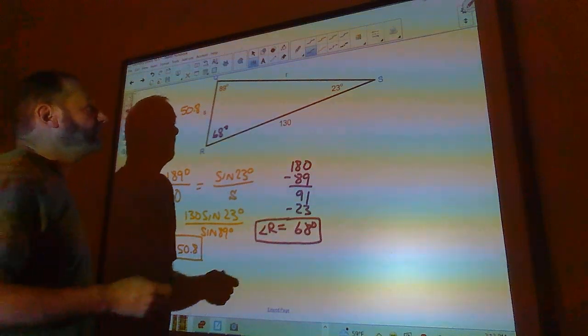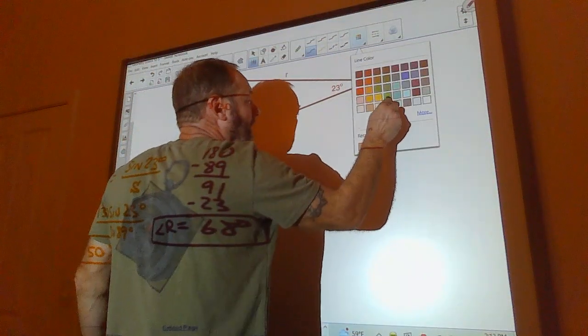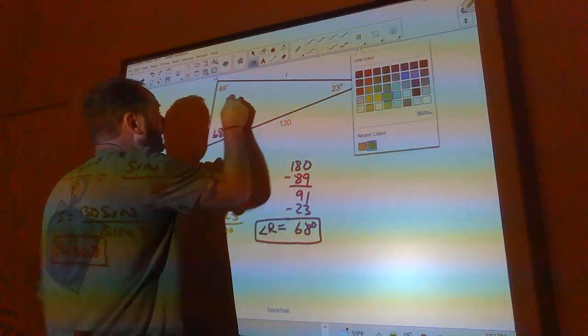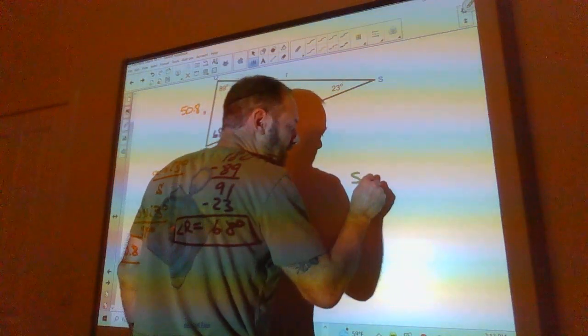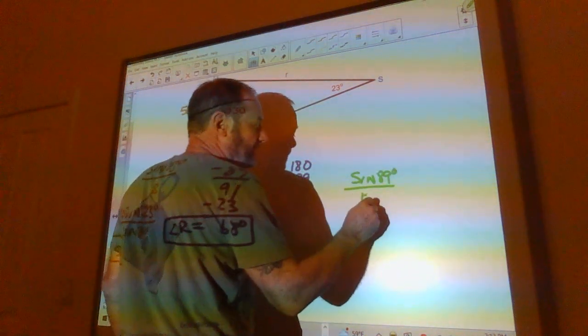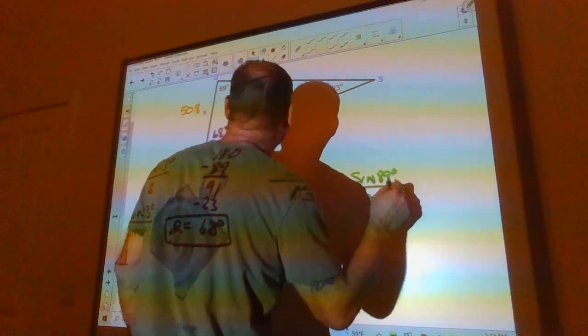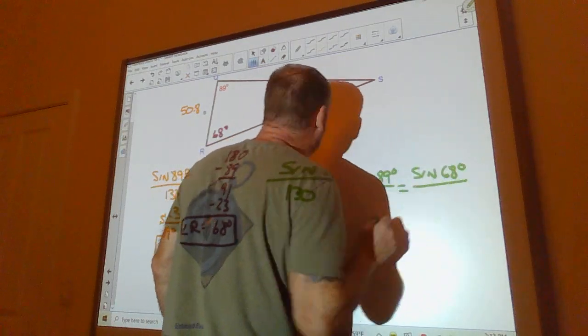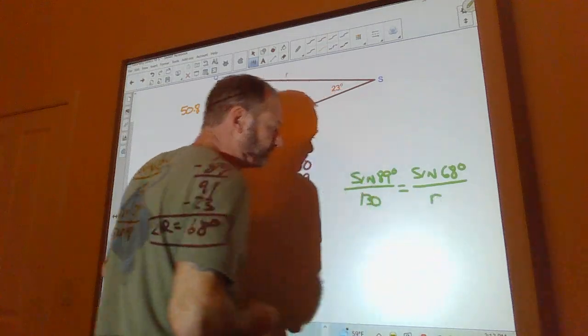And now I can figure out little r here, because we'll go back to the original. Sine 89 degrees over 130 is going to equal the sine of 68 degrees over r.